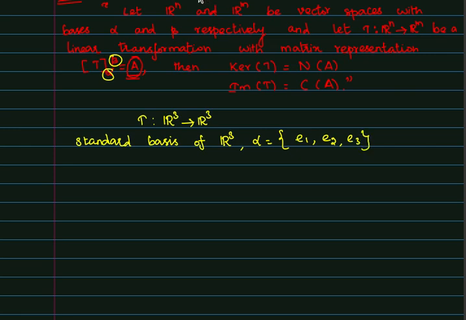E1 means 1, 0, 0. E2 means the second component only is 1, the remaining are 0. E3 means 0, 0, 1. I take alpha and beta as the same.